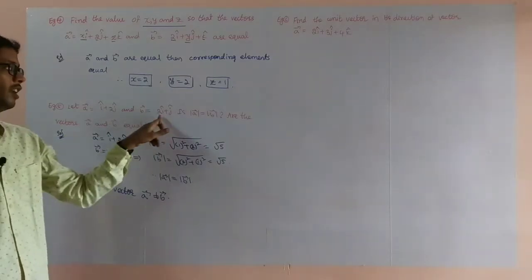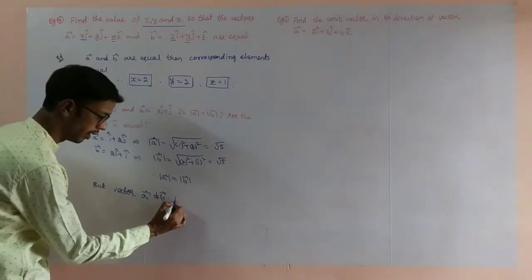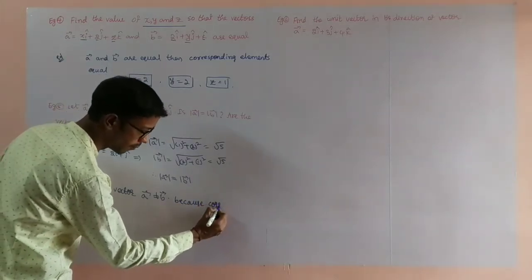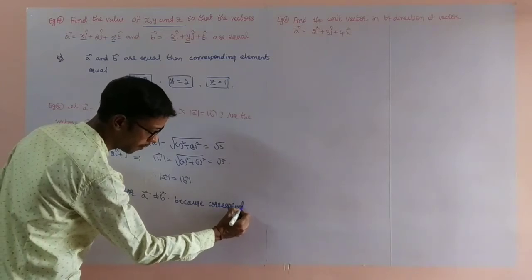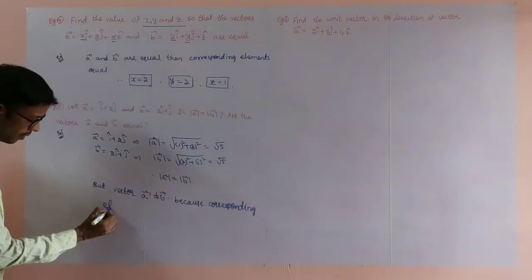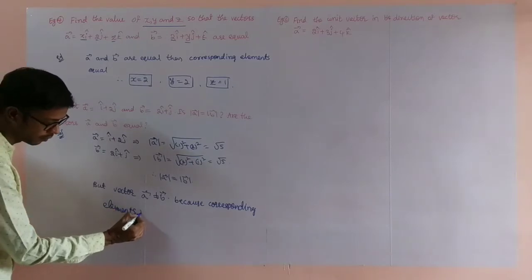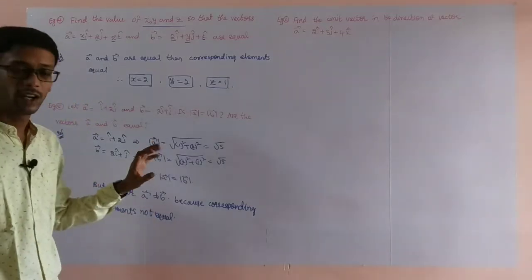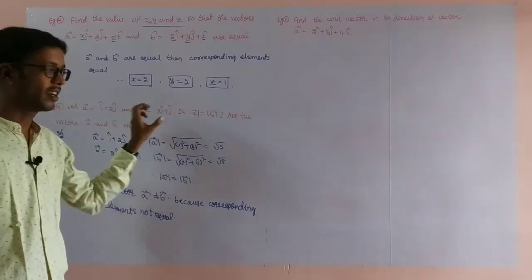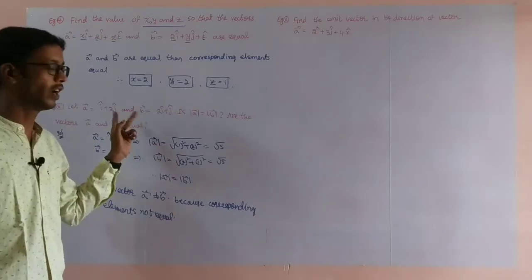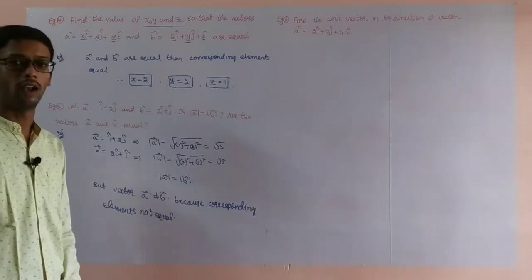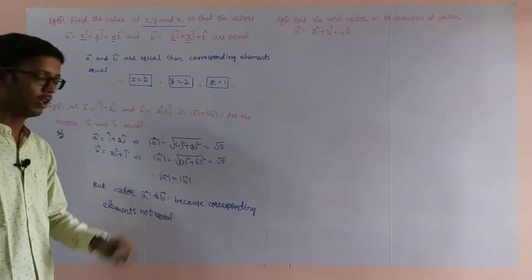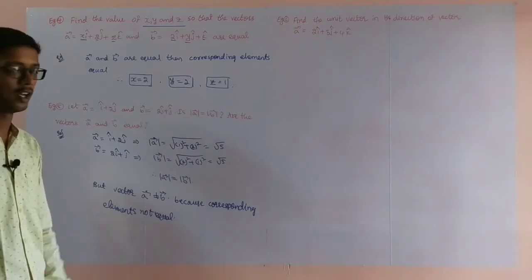The i component is 1 here, and the i component is 2 there. By this problem we can get one clarity: magnitude may be the same, but the two vectors may not be equal. Here you observe corresponding elements are not equal, but the magnitudes are equal. So we get this conclusion.